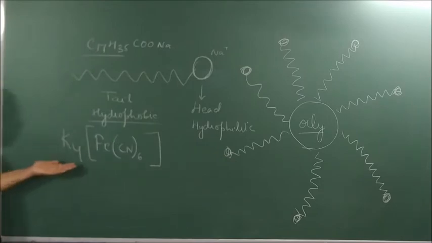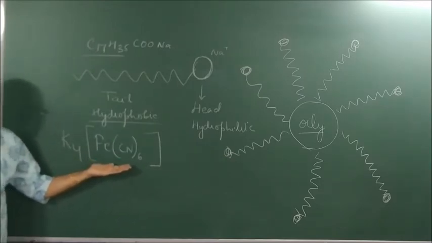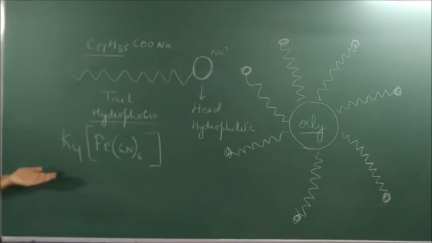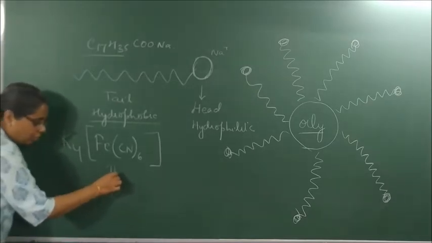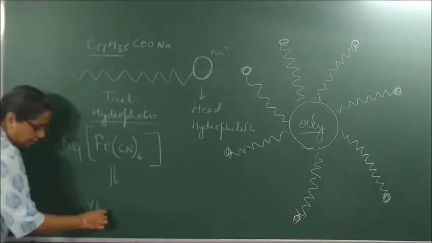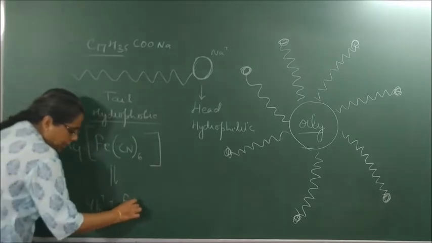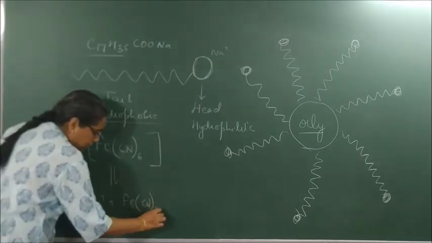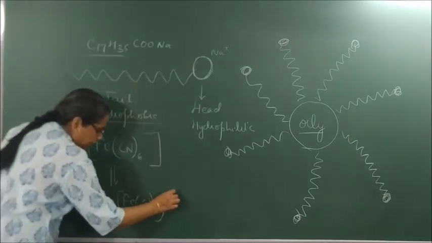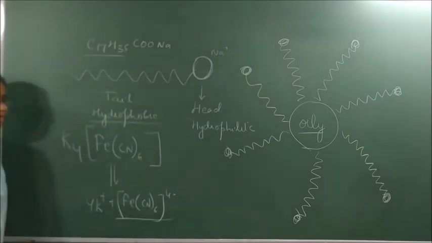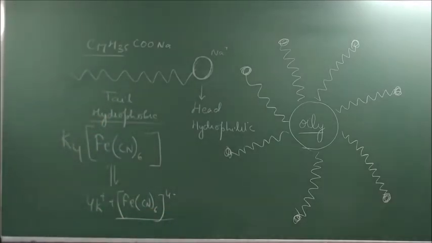So K4[Fe(CN)6] is potassium ferrocyanide, which ionizes as 4K+ and [Fe(CN)6]4-. So this is a complex ion, and the study of these complex ions constitutes coordination chemistry. This is what we studied yesterday.